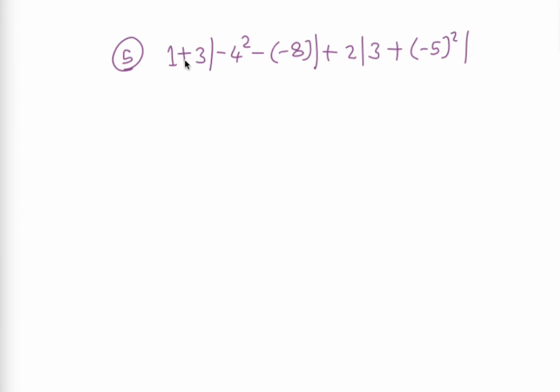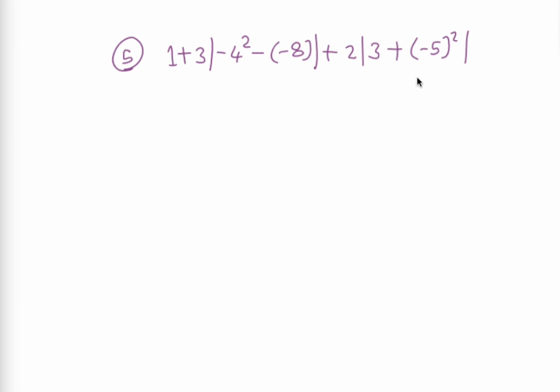When we have absolute value, this and this, here two absolute values. So we will evaluate everything inside the absolute value, just as if it were a normal parenthesis. You can imagine it just like a normal parenthesis.